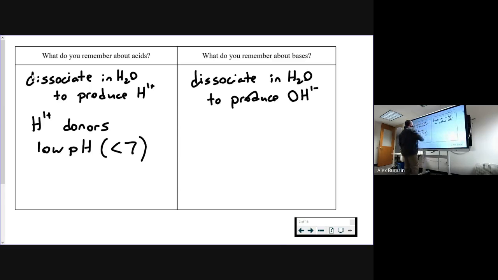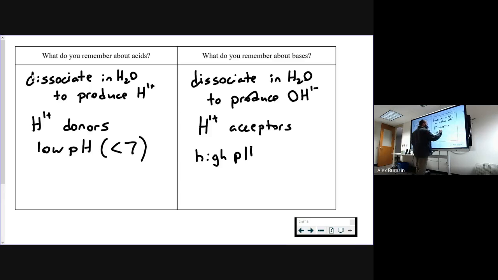Okay, bases are hydrogen what? Hydrogen acceptors. And if acids have low pHs, then bases have high pHs, right? And we'll define that as greater than 7.